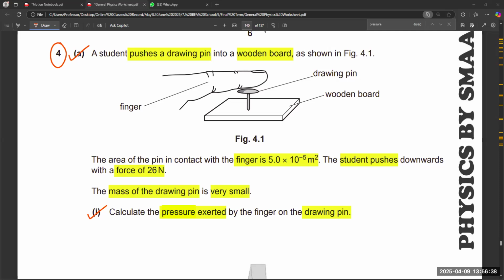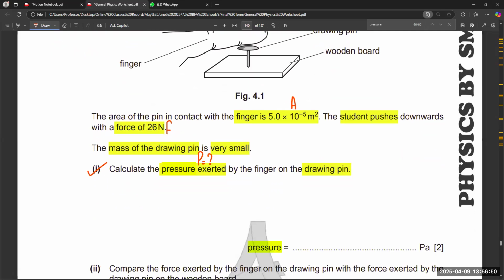So the area is given, force is given, and we have to find out pressure. So the formula of pressure is force upon area. The value of force is 26 Newton and the value of area is 5 exponent minus 5.